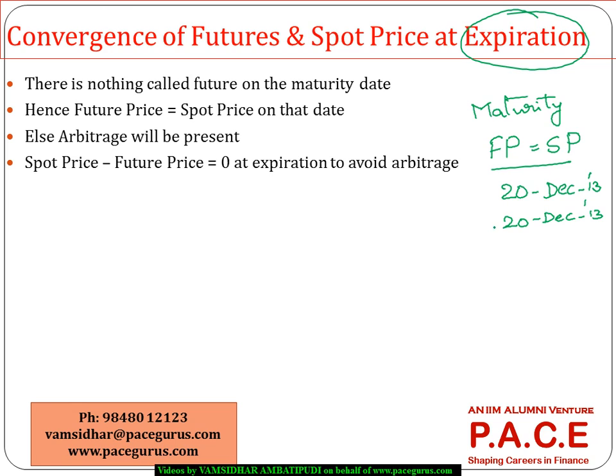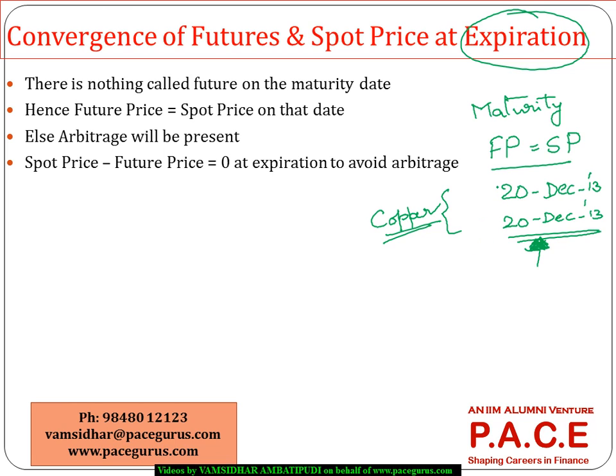What is the spot price of the asset? Let's say the underlying asset is copper, or any metal. The spot price of copper is the price for delivering copper on 20th December 13.